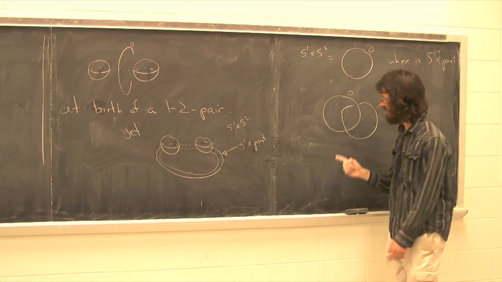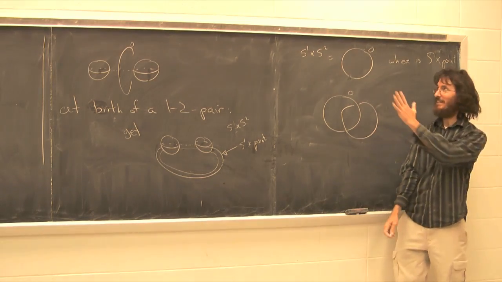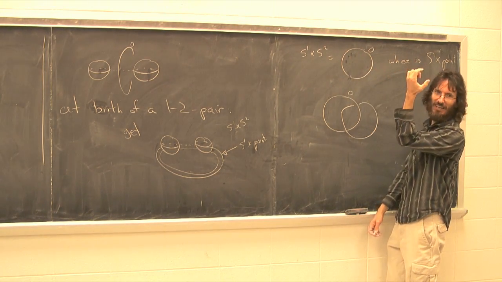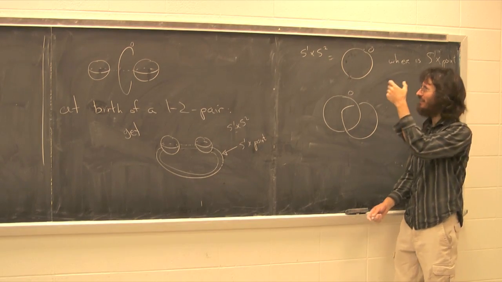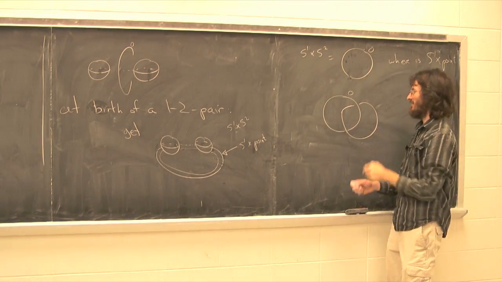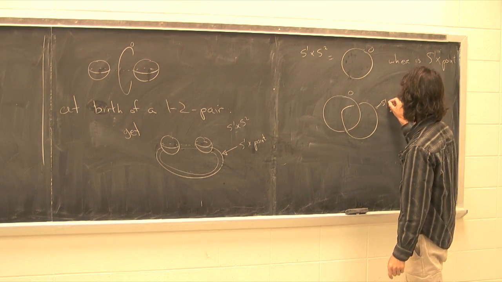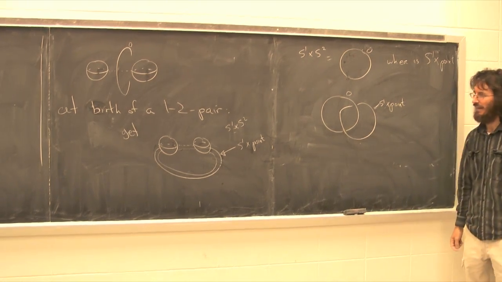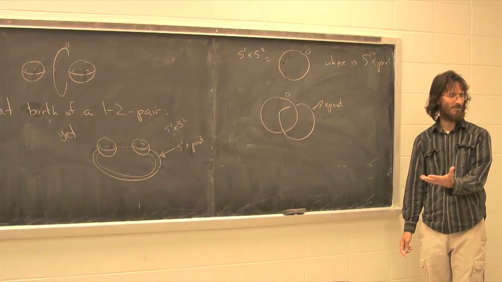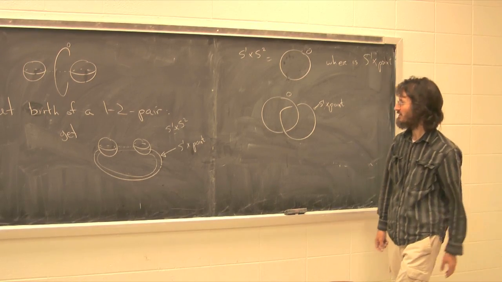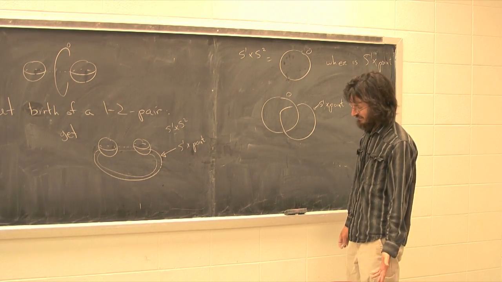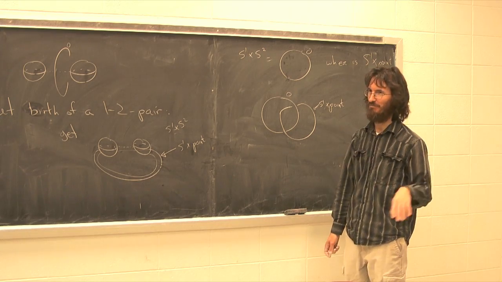Remember, where's the S2? The S2 is the disk here, and then a disk inside the surgery. And then the S1 direction is around here, so that's precisely S1 cross a point. So it links it, and you can set up the framings whatever you want. You can make framing 0, 1, 2, 25, anything you want.